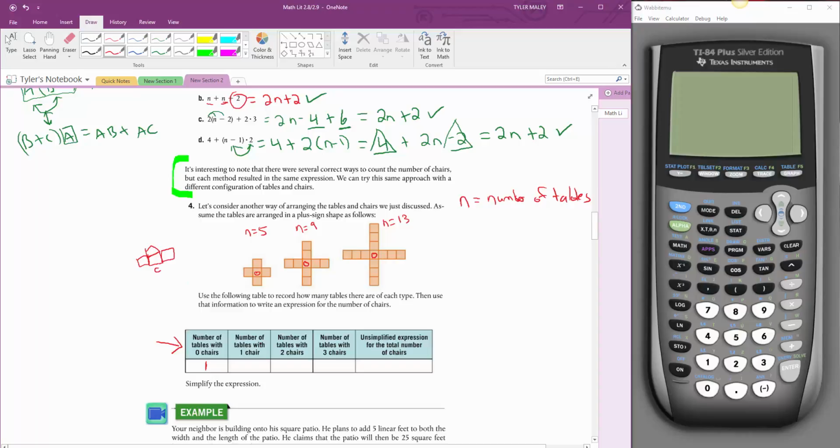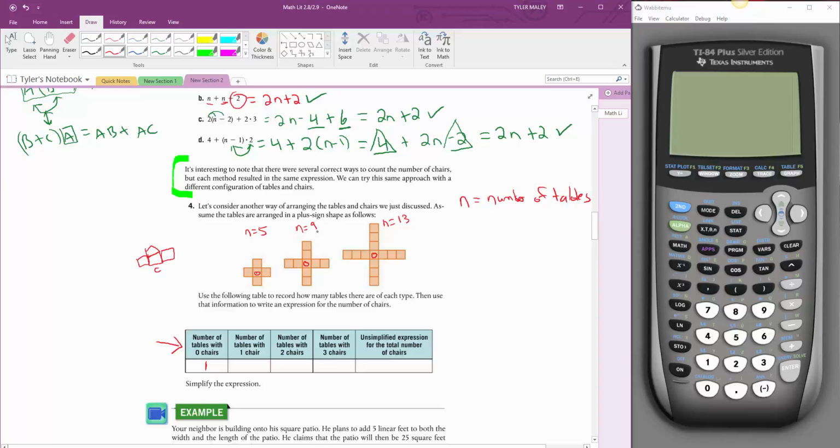Looking at the first configuration with 5 tables, we don't have anything that would fit with just one chair. They all have at least two or more sides available, besides the one in the center, which is 0.